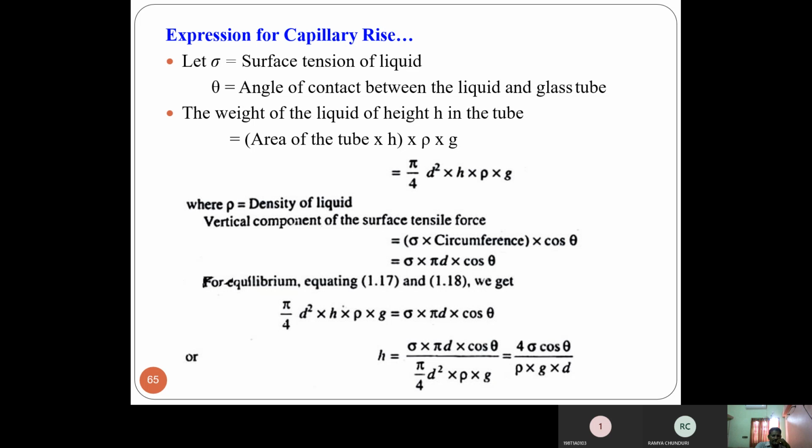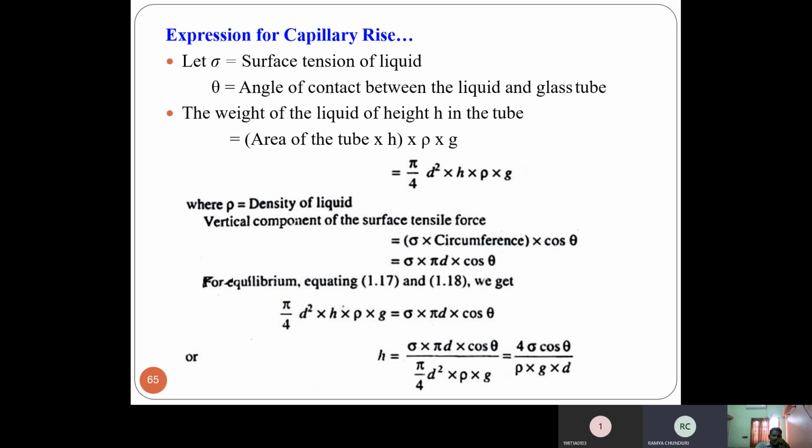The vertical component of the surface tensile force is equal to sigma into circumference into cos theta, and the circumference is pi d. So sigma pi d cos theta is the vertical component of the surface tensile force.